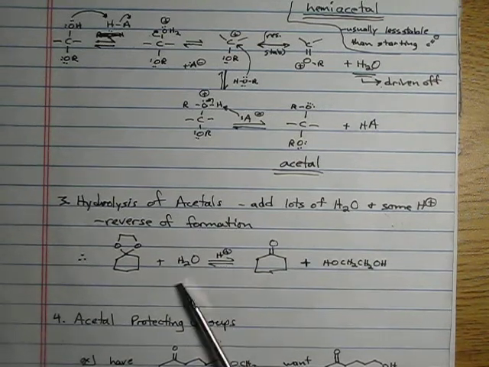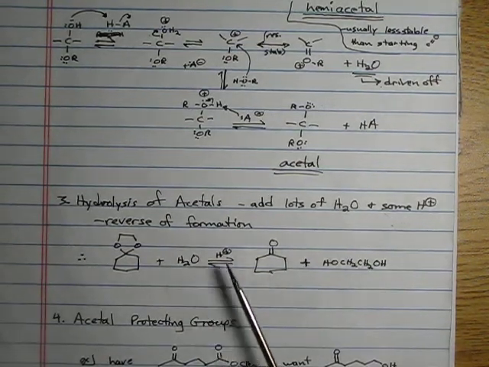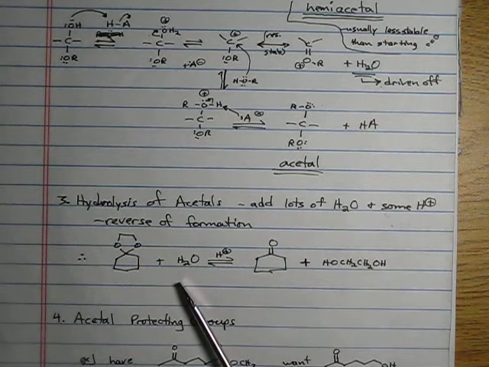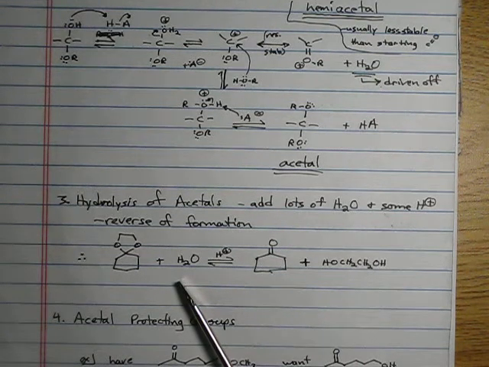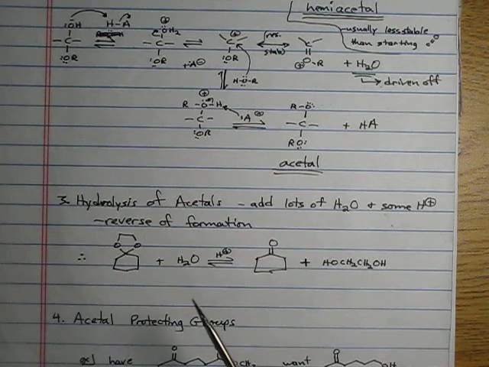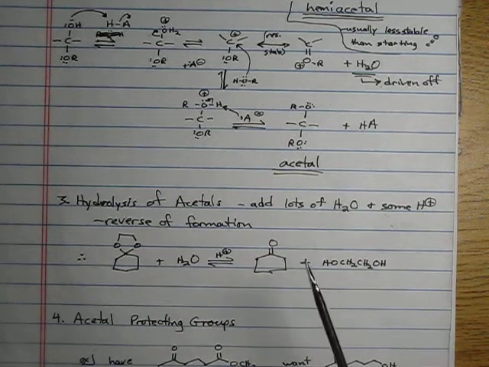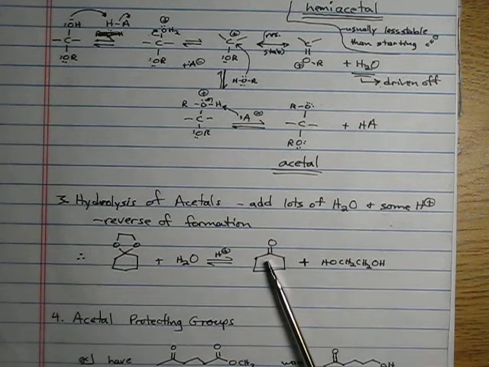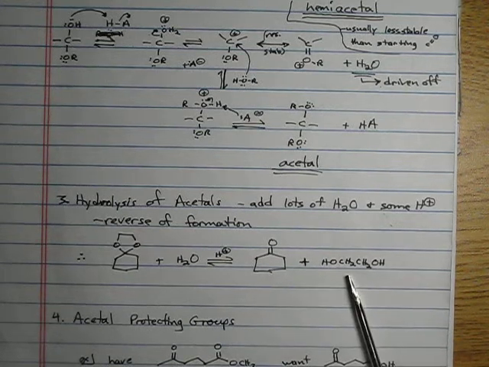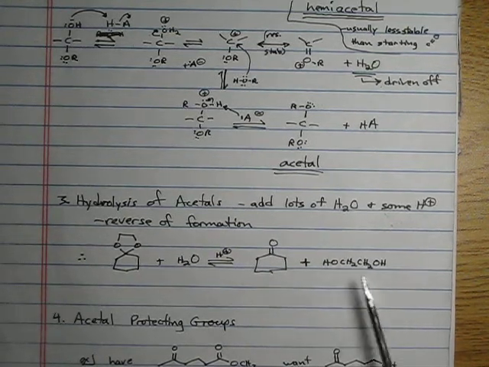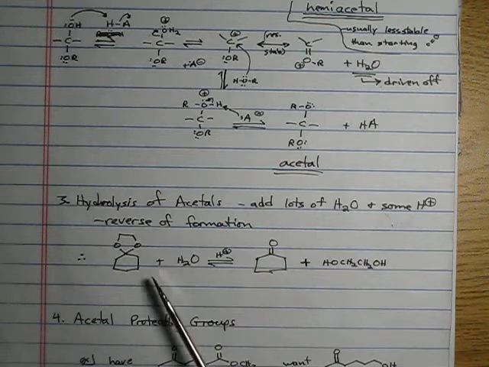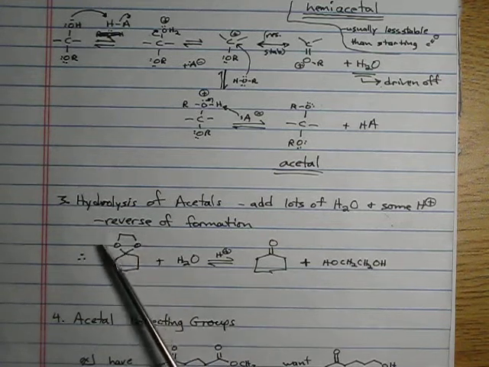Put in some aqueous acid, probably aqueous H2SO4, maybe aqueous para-toluene sulfonic acid. You will run the reverse reaction and end up with your ketone and your diol here, your alcohol. Note, we used this guy here, recall.